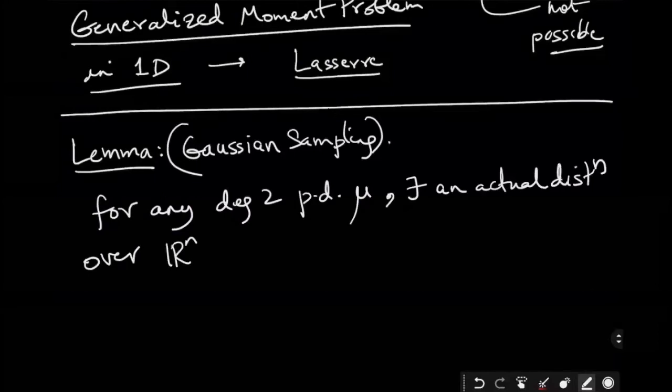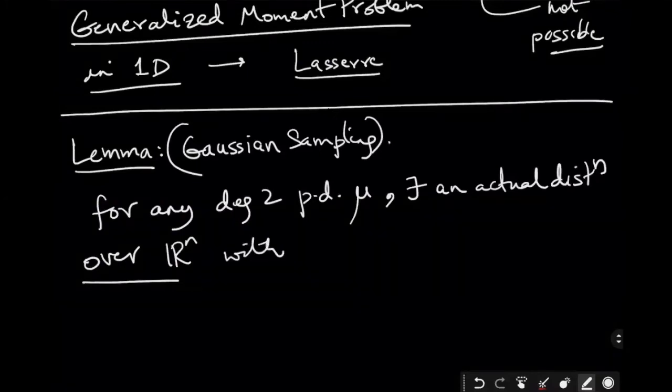So we wanted a distribution over plus minus 1 to the n. That's what we would have been very happy with, but we don't know how to do that. Instead, we can actually find an actual distribution over R^n with the same first and second moments.